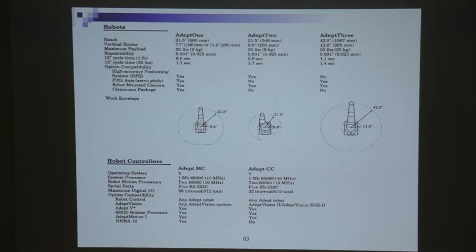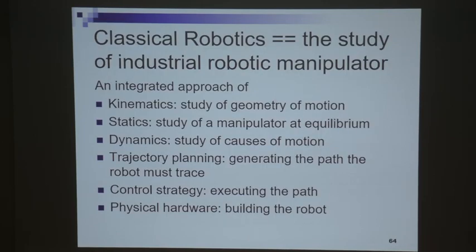So this is a quick run through of what is a robot and the basic components of a robot. For this course itself, we are dealing with classical robotics. So it's a study of the industrial robotic manipulator. But what happens here is we'll be focusing a lot more on the kinematics, statics, dynamics, trajectory planning, control strategy, and the integration of these items.